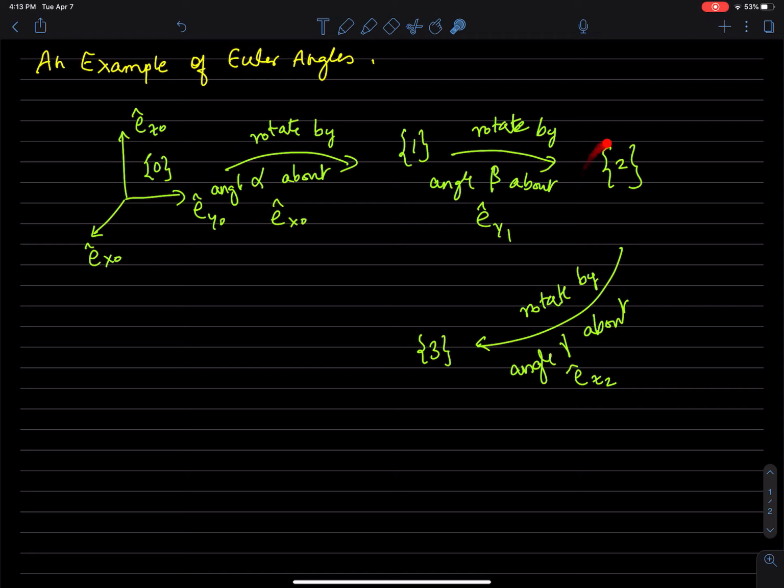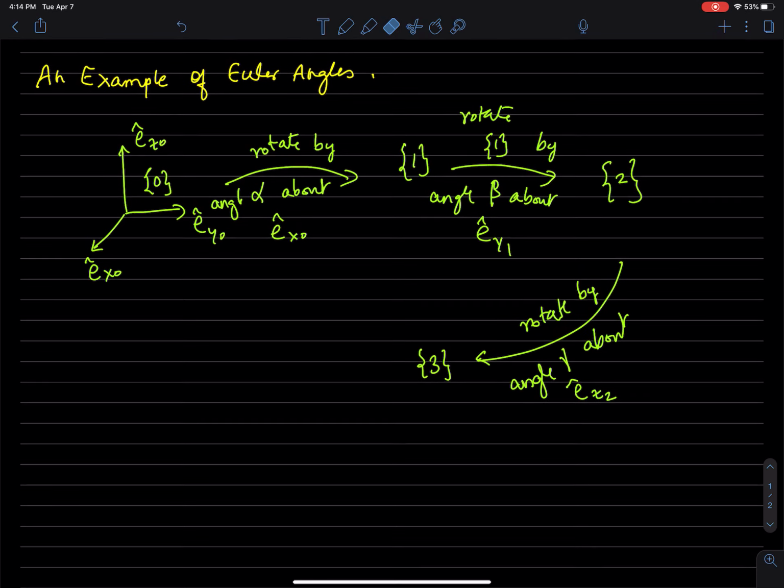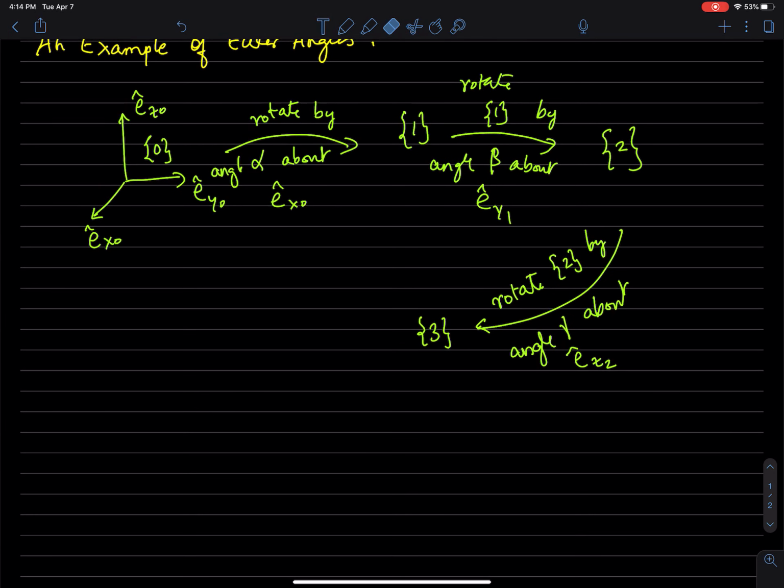about ez2. Okay, so what do we mean here? We are rotating frame 1 by this quantity. Similarly, we are rotating frame 2 by this quantity, and similarly here we are rotating frame 0 by angle alpha about ex0, and so on.